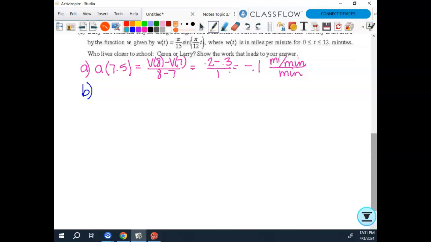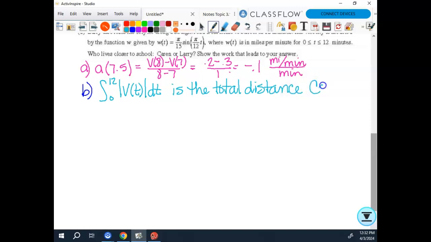So we can say the integral from 0 to 12 of the absolute value of v of t dt is the total distance Karen traveled, or Karen rode her bike. I mean, you can write it however you like.